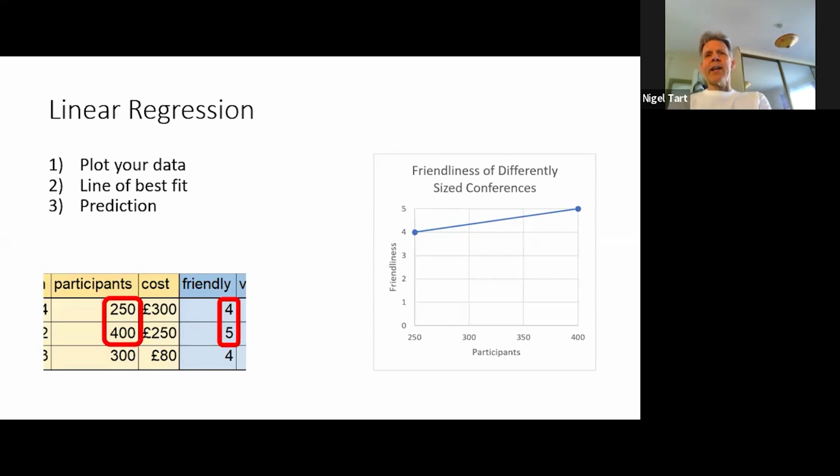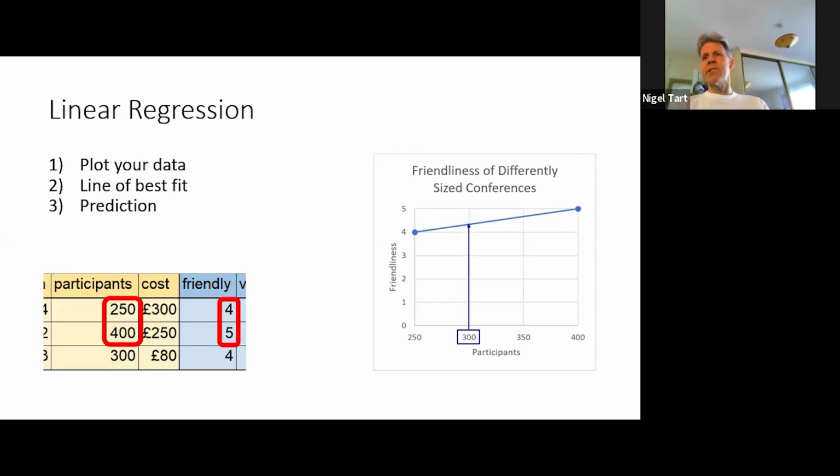And then we want to predict, well, how good is our line of best fit? Let's see if we can predict the third one. So we've got the 2/3 for training, that's drawing the line of best fit. And then we're going to use the 1/3 of the data, which is only one, a conference with 300 participants.